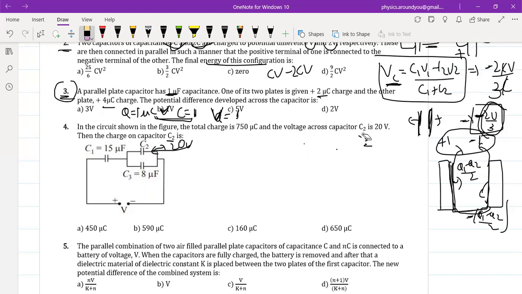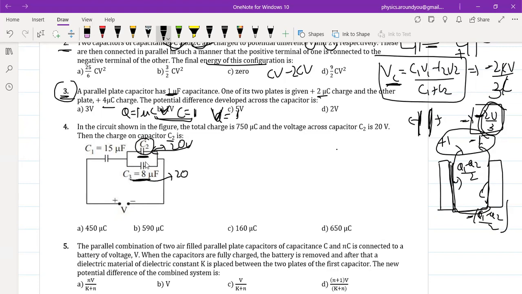Now, how to break our head to find the value of C2? They haven't given value of C2 at all. They have just given the potential across it, which is 20. Well, if potential across C2 is 20, I can say potential across C3 is also 20. Reason?